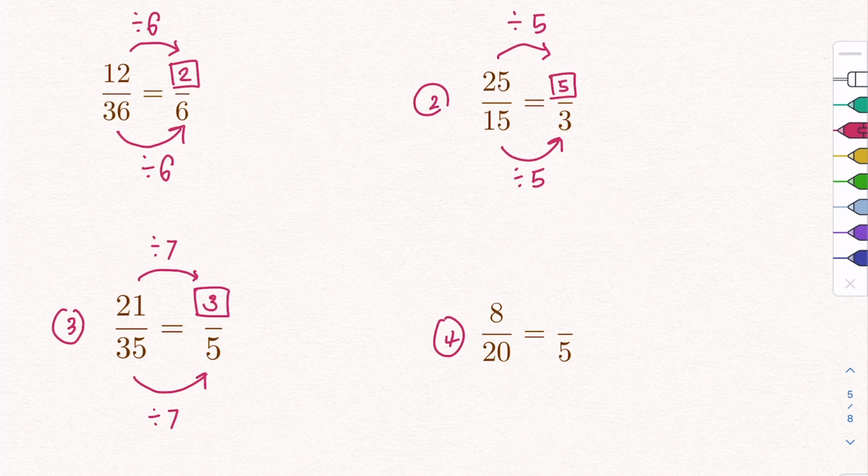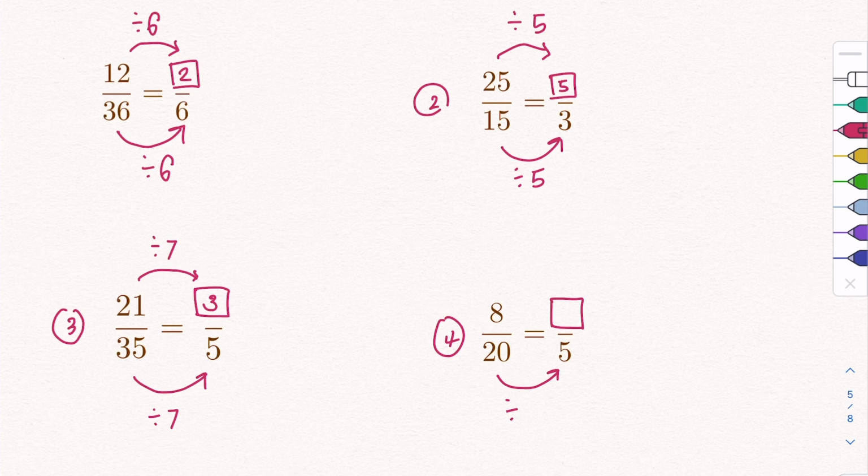For the fourth one, we have a fraction of 8 over 20, and that equals something over 5. So once again, looking at the denominator going from 20 to 5, we know that we have to divide. 20 divided by something will give us 5. And what is that?